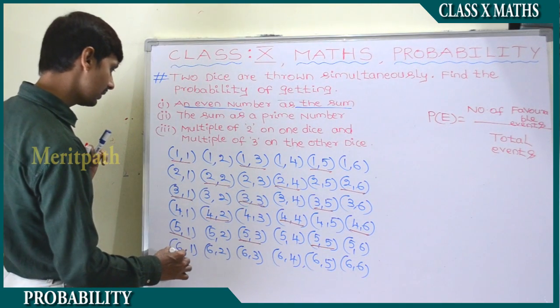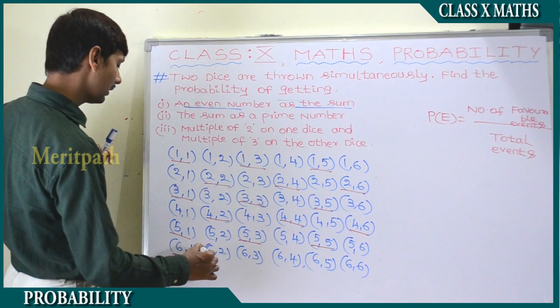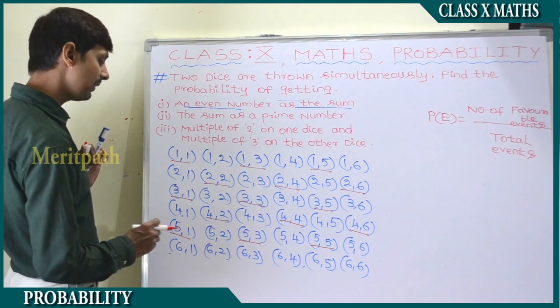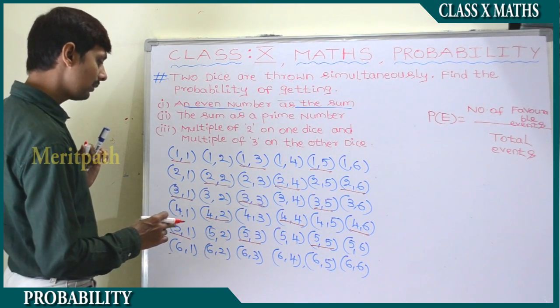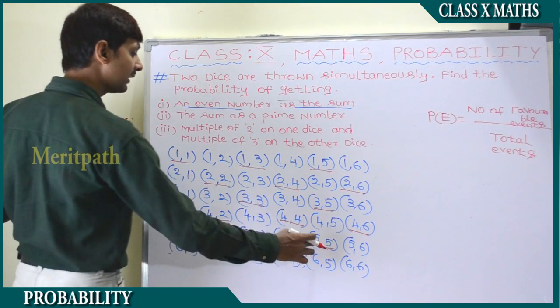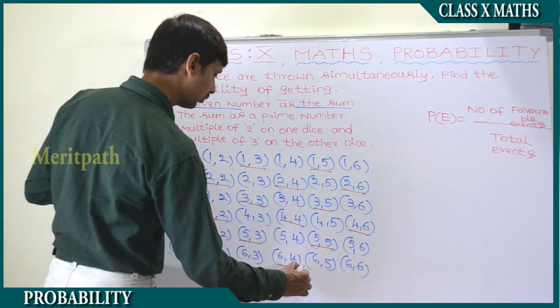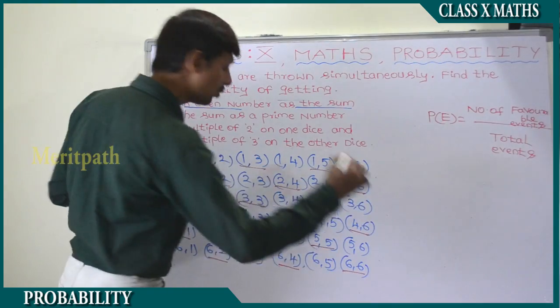Next 6 comma 1 is 7, so let's not take this. Then 6 comma 2, 6 comma 4, and 6 comma 6.